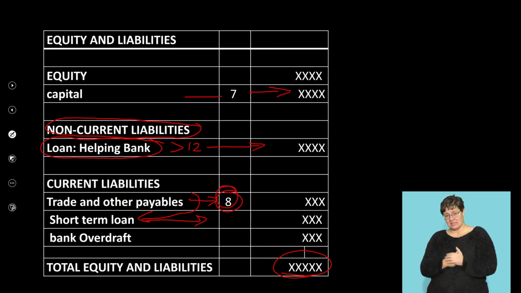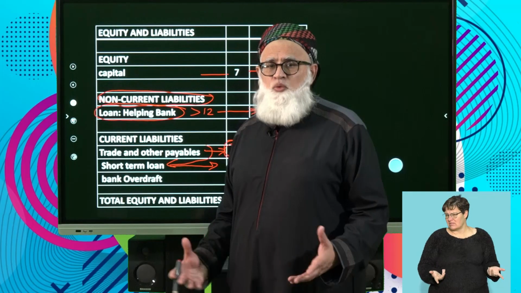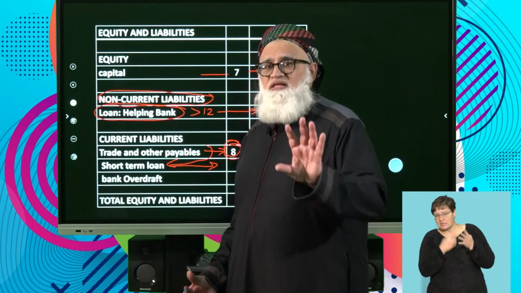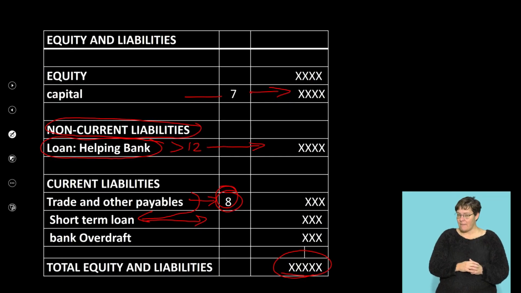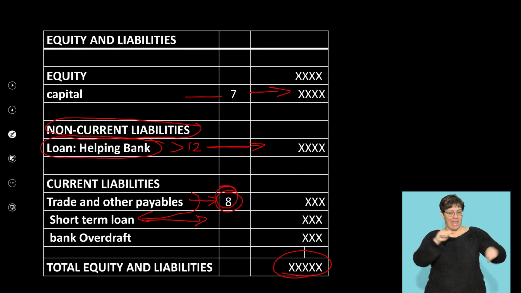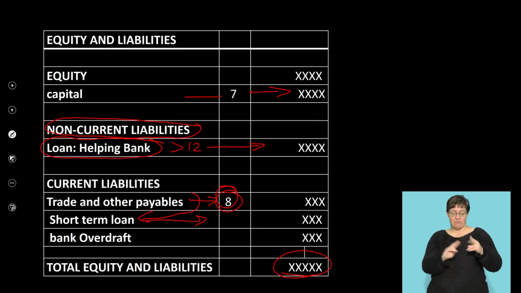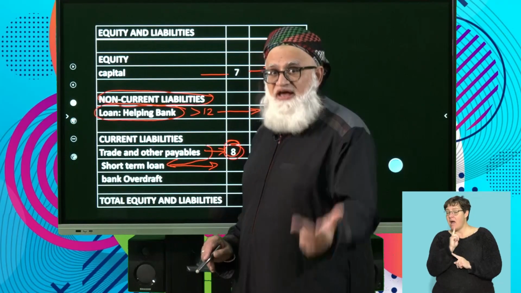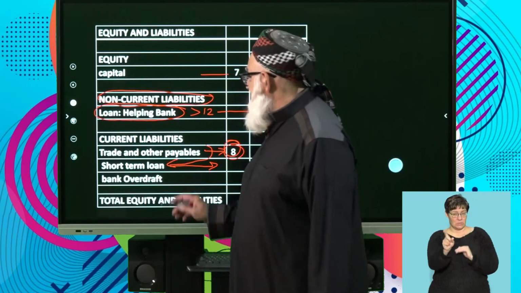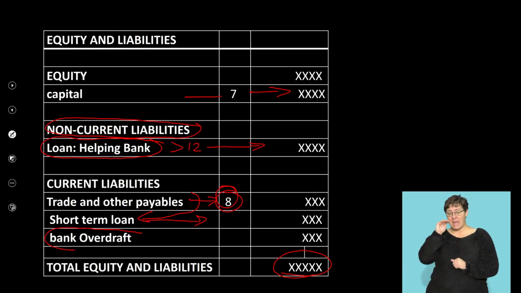So depending on the question and what the requirements of it are, the easiest way to remember it is to tell yourself, I have trade and other payables, one item, I have my short-term loan or the current portion of my loan, and very, very, very important is my bank overdraft.